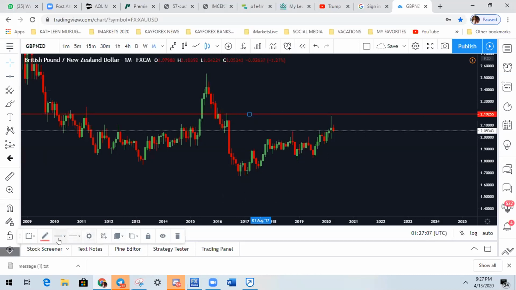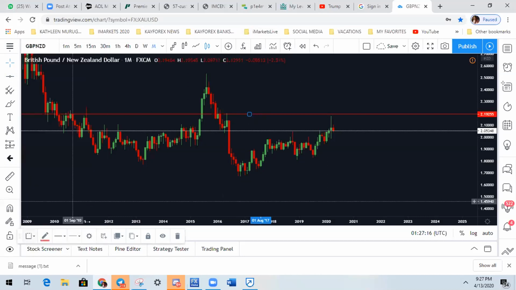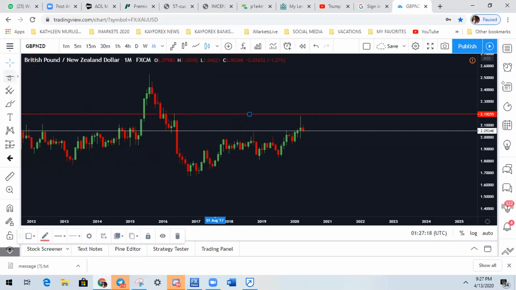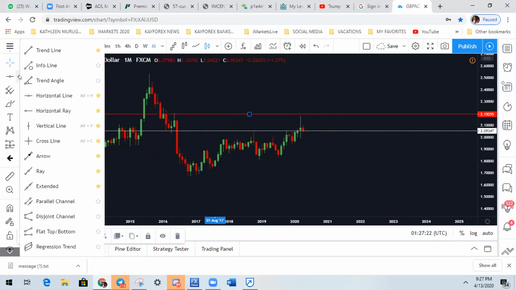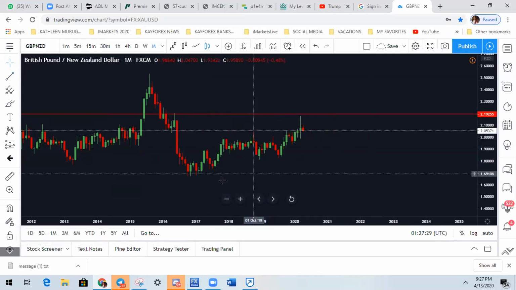Do you see the little box so I don't have to keep going back here? I don't know what happened to my TradingView, which was already set up.